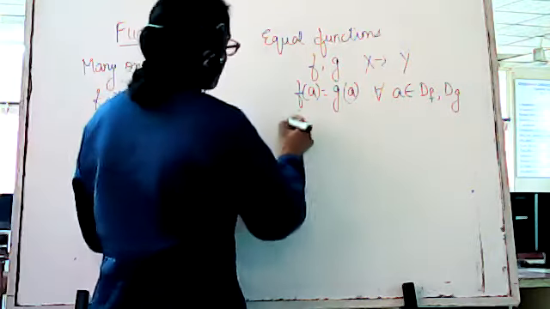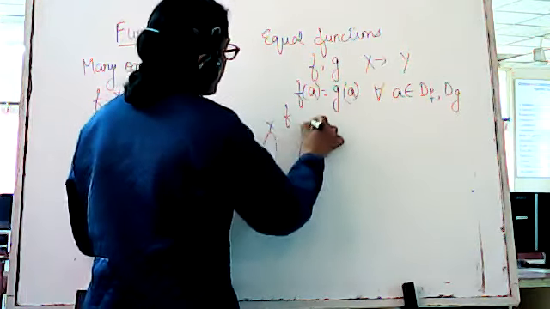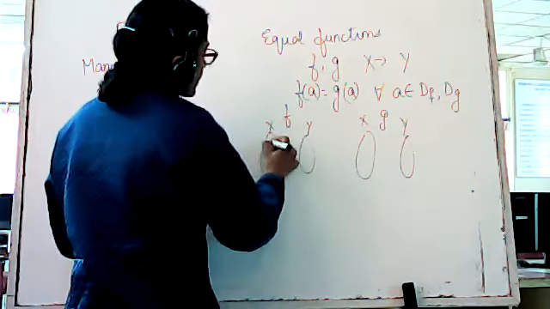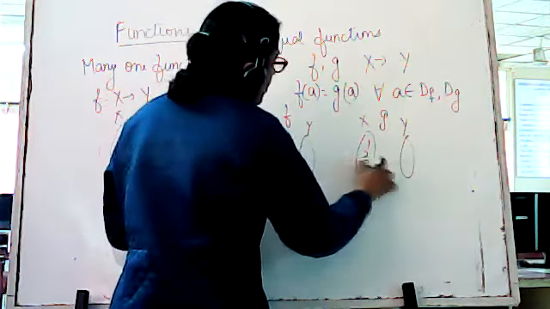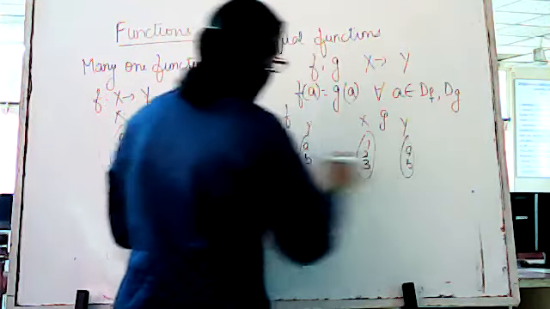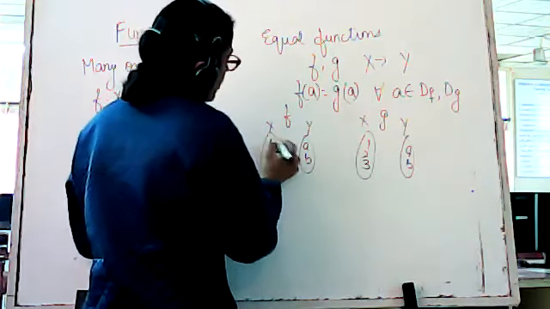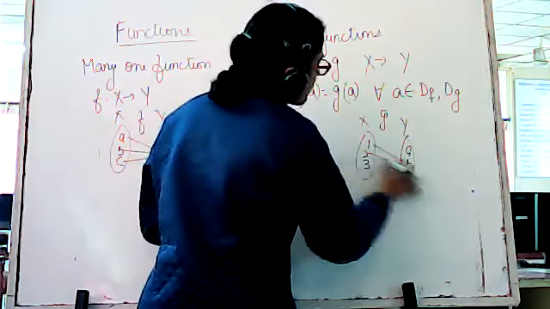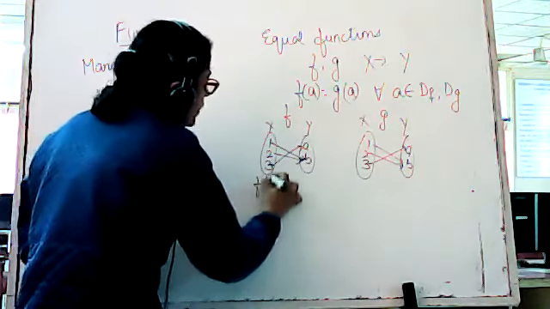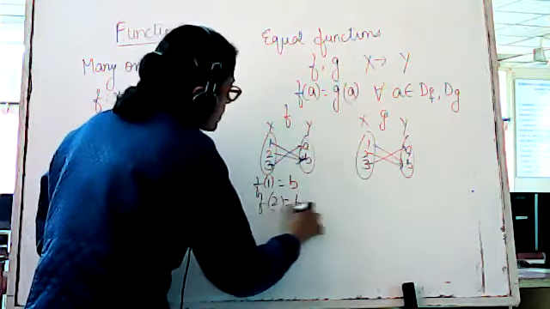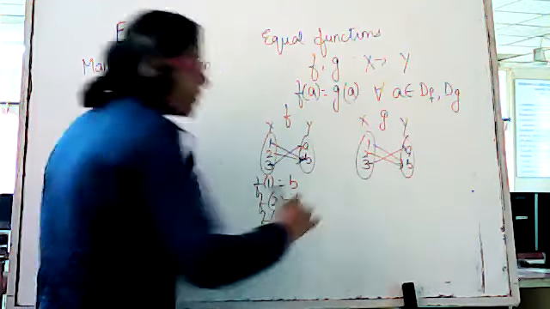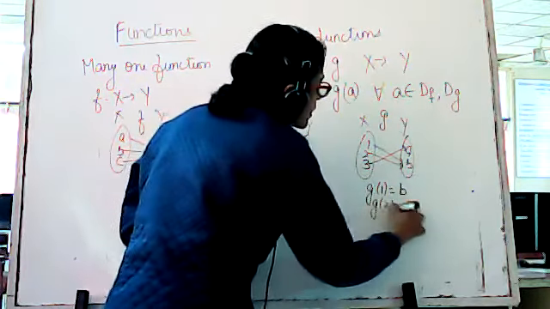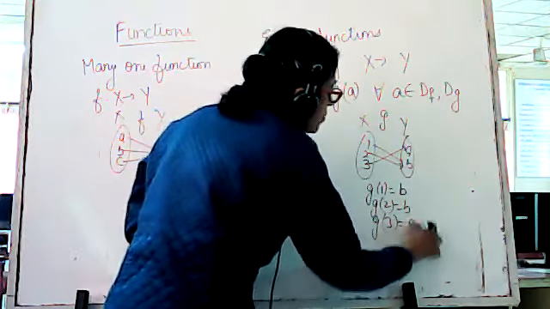For example, let us suppose we are having a function f from X to Y, and also a function g from the same set X to Y. In the set X we have elements 1, 2, and 3, and in Y we have a and b. f of 1 equals b, f of 2 equals b, and f of 3 equals a. For g, g of 1 is again b, g of 2 is again b, and g of 3 equals a.